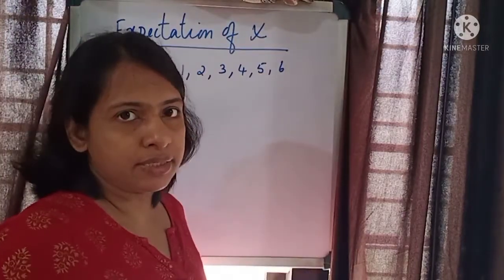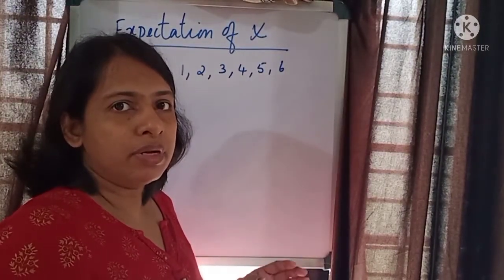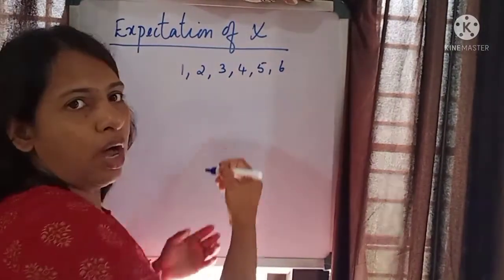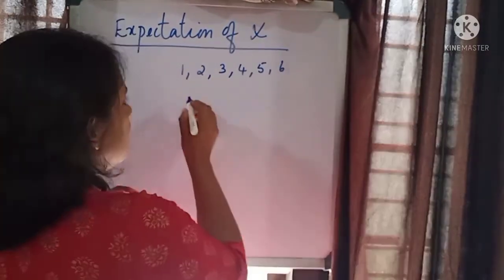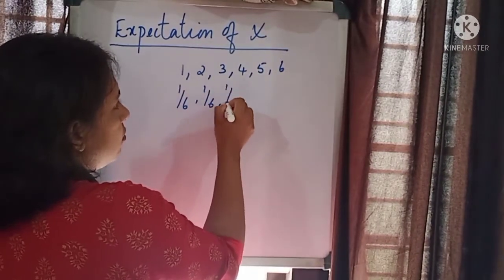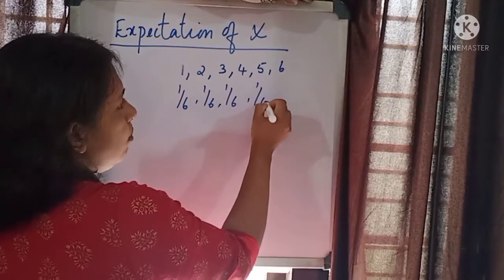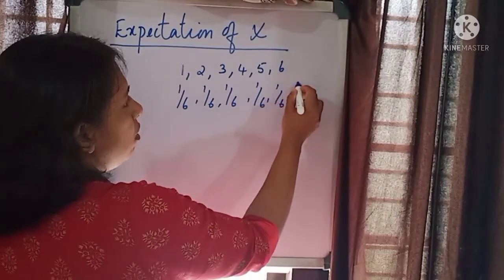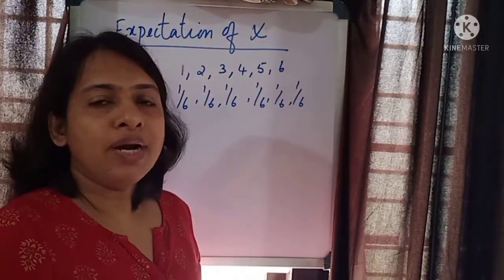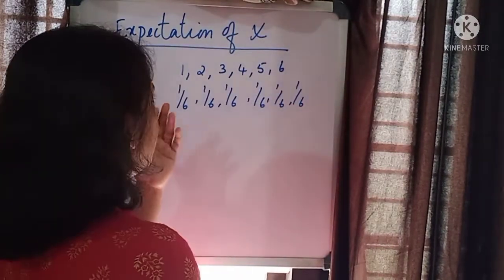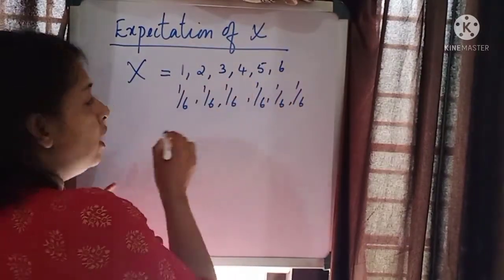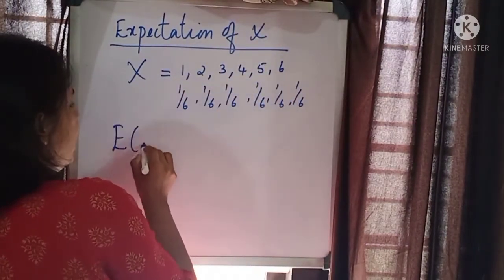There are 6 faces in the case of a die, and they all have probability 1 by 6. 1 by 6 is the probability of getting each of these numbers. Then, what is the expected value of the variable x? Here x takes the values 1, 2, 3, 4, 5, 6.